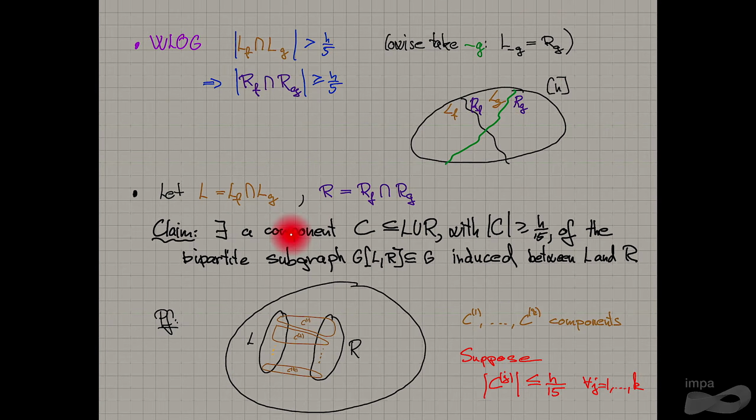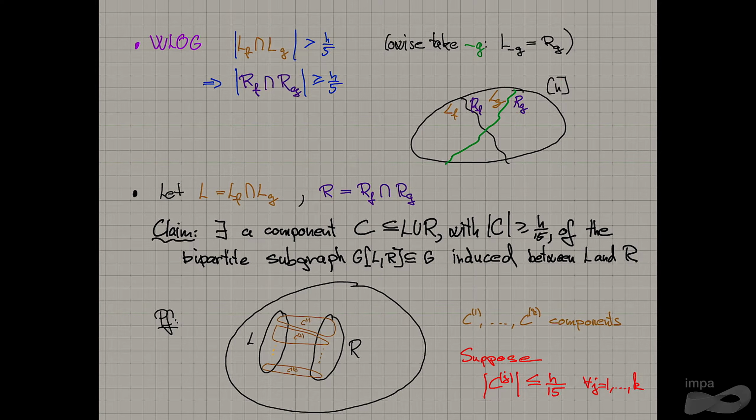So we name it with L and R, and my claim is that there is a component inside this left intersection and right intersection of the two functions, which is big, in this case n over 15, such that this is a component of the bipartite subgraph induced by G between these parts.